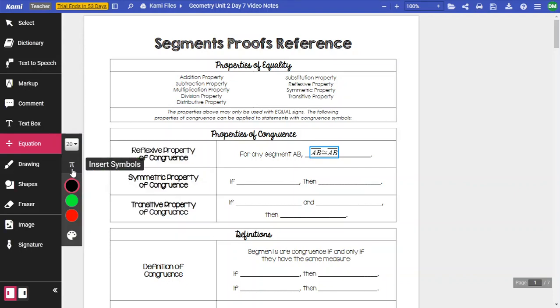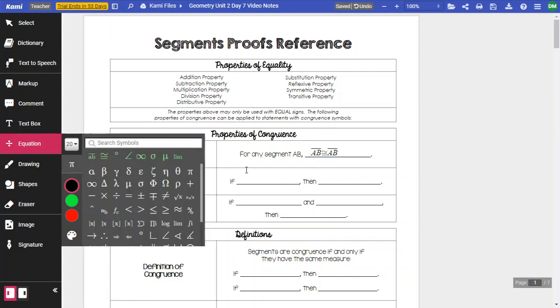Okay, the next property we have is the symmetric property of congruence. And this works just like the symmetric property of equality did. So the symmetric property of congruence tells us that if segment AB is congruent to segment CD, I'm going to use CD, just to have 4 different letters.